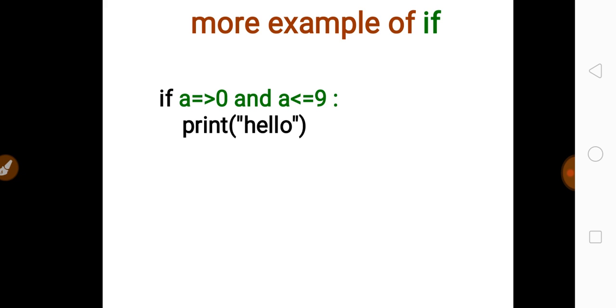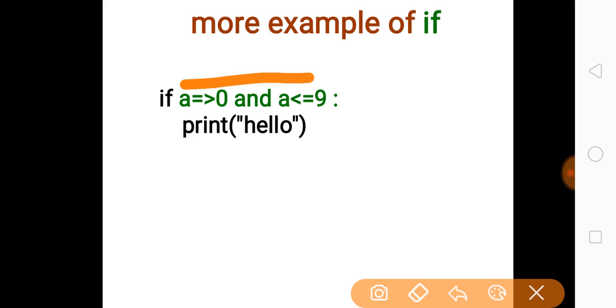Suppose you want to make a range, that means a certain range like 0 to 9, 10 to 20, 20 to 30. In this case we may join two or multiple conditions using the and or or operator. Over here I have used the condition, and you need to be more careful while using any condition.